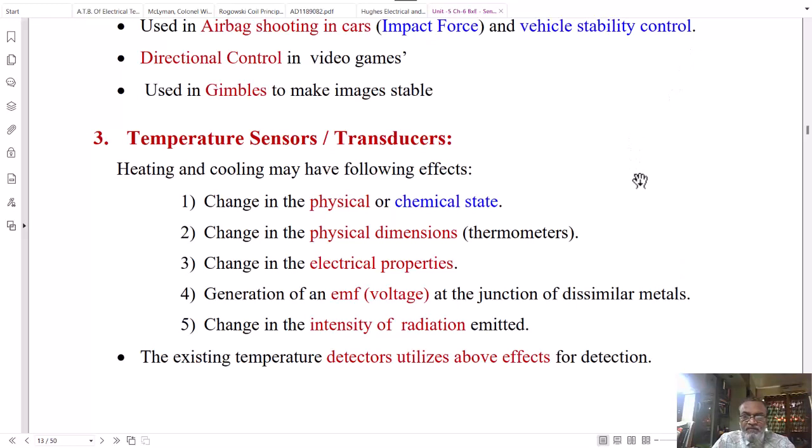The fifth principle is that temperature change gives rise to intensity of radiation emitted from the material. Based on these five principles, there are various temperature sensors and detectors in the market.